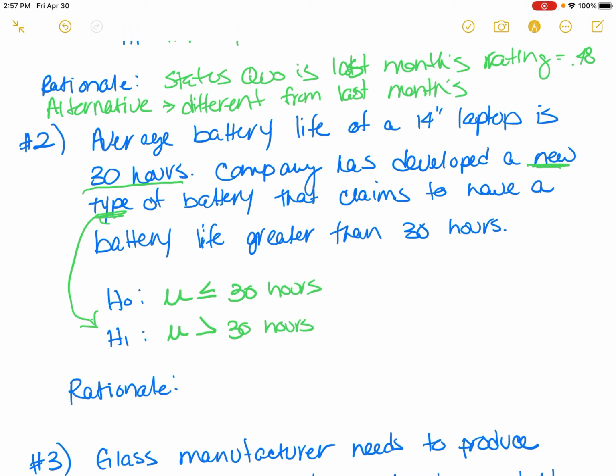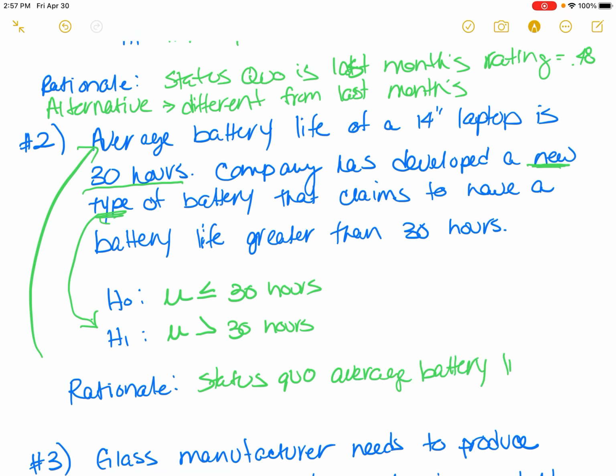So our rationale for this is the status quo. Again, getting back to the status quo. Status quo was given to us. And that status quo was that the average was stated right here. Average battery life is 30 hours. Right?